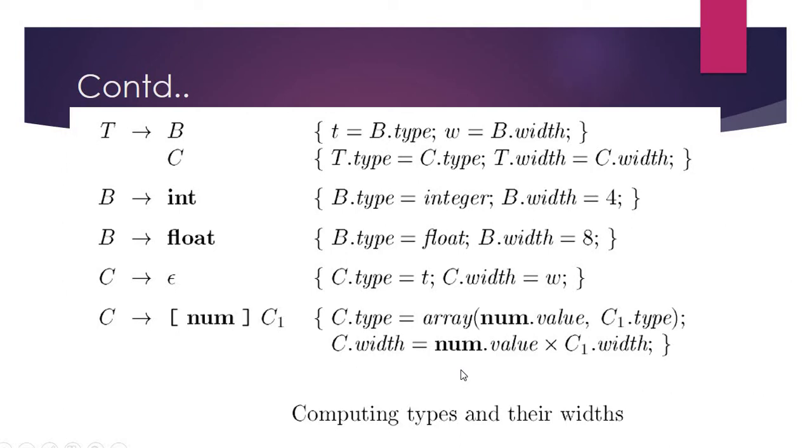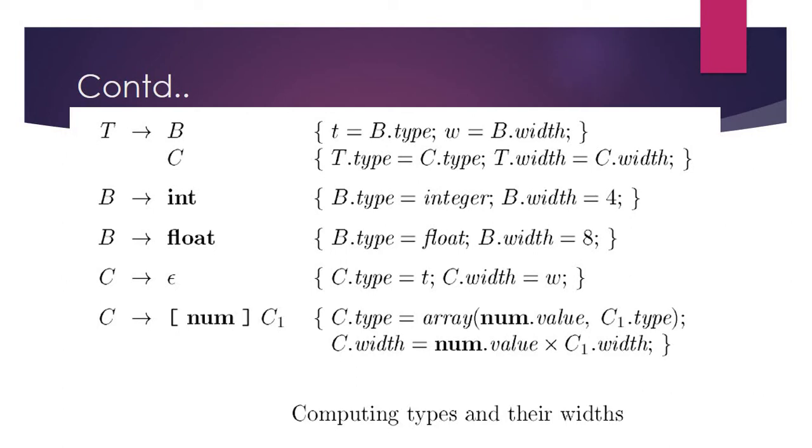For example, if it is a one dimensional array, consider int a of 10. Here, in total, how much memory space is needed for that collection, if you want to calculate? So how will we calculate C.width here?